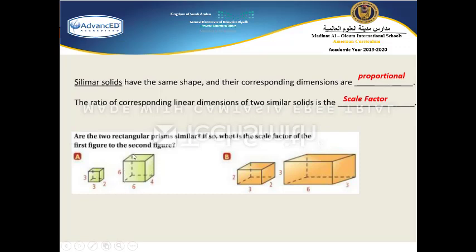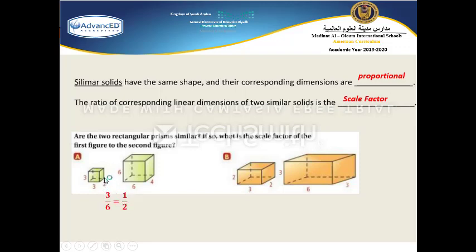Looking at the first pair of solids, to figure out if the two solids are similar or not, we will find if the scale factor, the simplified fraction, is the same for all corresponding parts. Let's check. Dividing this 3 by its corresponding side 6, 3 over 6, we get 1 over 2.